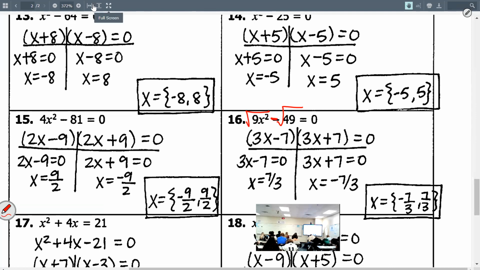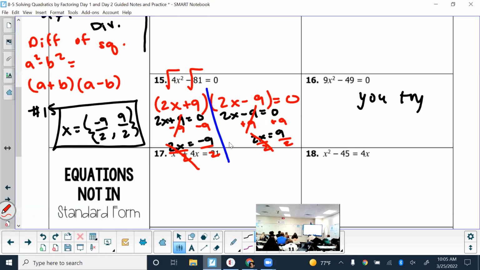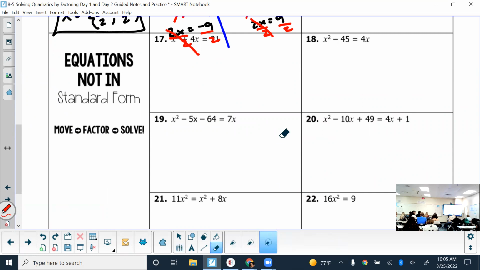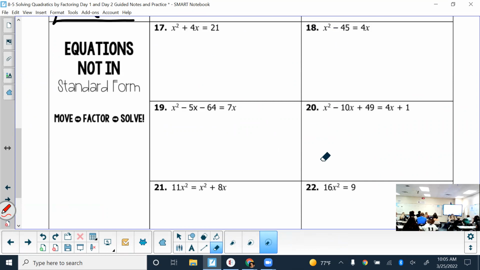All right, almost done. Now we just have to do what we've been doing, but now we're actually going to have a step 1. So if we look at our note sheet at number 17, or all of the ones in this set, none of them are equal to 0. So we actually have to do some algebra to get it there.